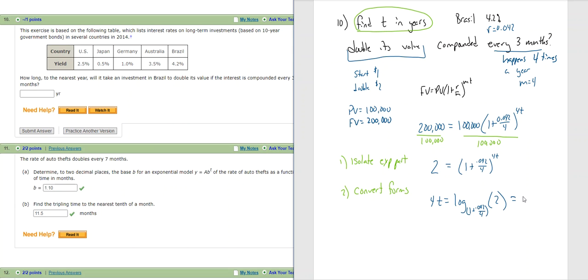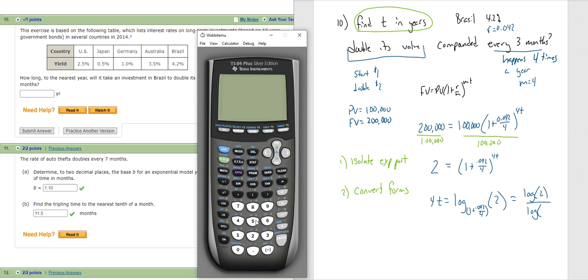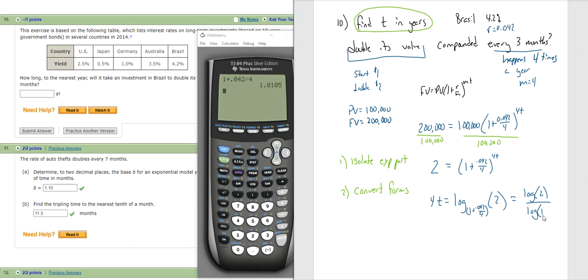Whew. Or log of 2, doubling, divided by log of the base. And in this case, because our denominator is 4 and not 12, our base is a little easier to deal with. 1 plus 0.042 divided by 4, 1.0105.